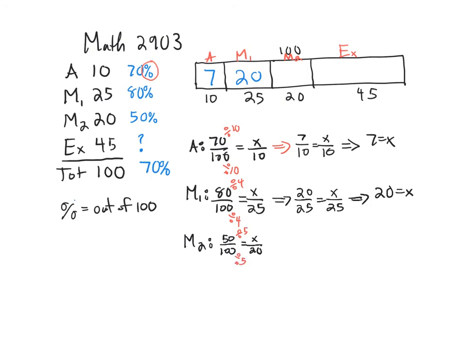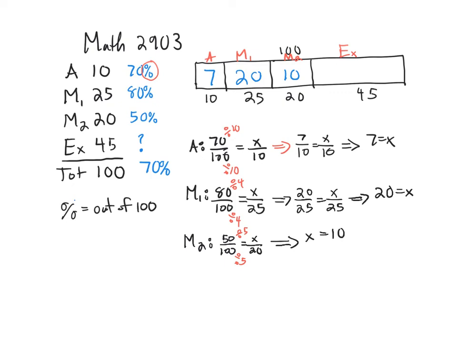But if you didn't see that, cross multiply, solve that equation, you'll end up with the same answer. And I'll just skip a couple of steps here because I think it's pretty obvious that x equals 10. 10 over 20 is the same thing as 50 over 100. So they got 10 points in midterm 2. So we're almost there.